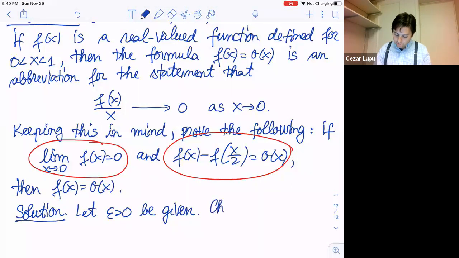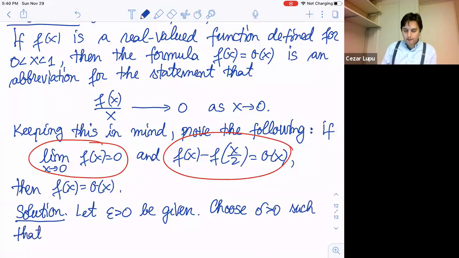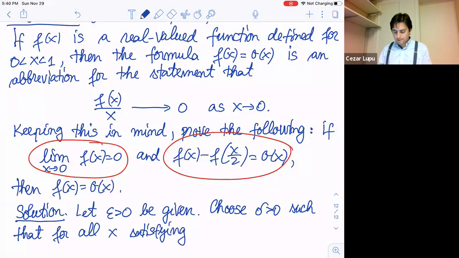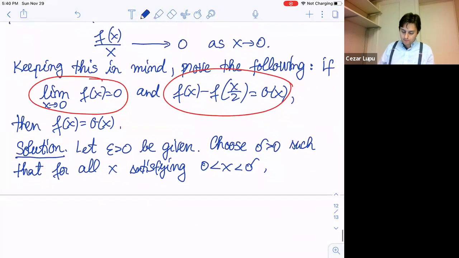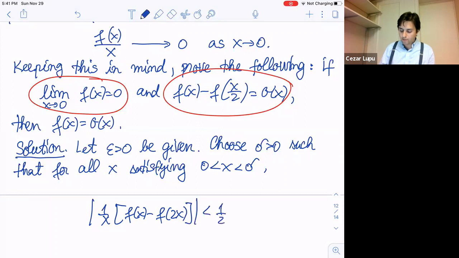And now we're going to choose a positive delta such that for all x satisfying, for all positive x which are less than delta, we have that 1 over x times f of x minus f of 2x is less than 1/2 times epsilon. Okay, so we know this.